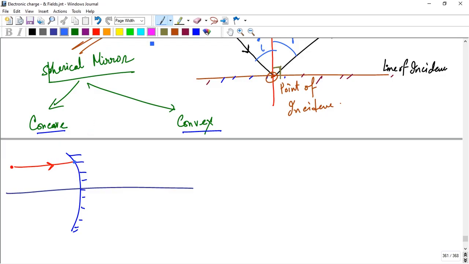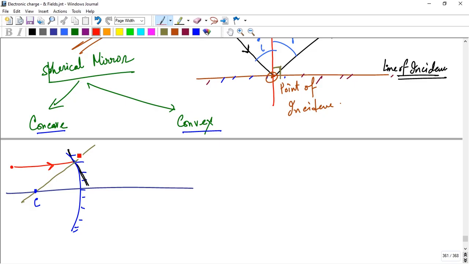Now I draw a tangent here. This tangent represents the line of incidence. Clear? Now draw a normal. Suppose this is the normal. The normal cuts the principal axis at this point, which is called the center of curvature. Keep in mind, this point is called the center of curvature.